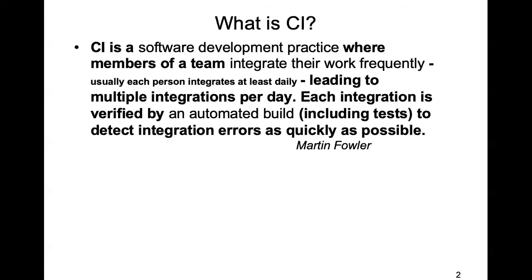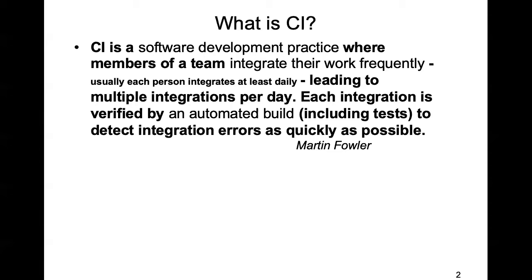So this is a definition of what continuous integration or CI is, but I've given you the bigger picture. So it's a software development process where members of a team integrate their work frequently, certainly daily, even more frequent than that, leading to multiple integrations per day.